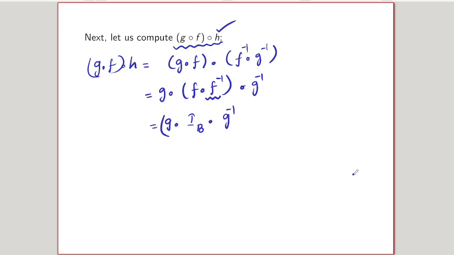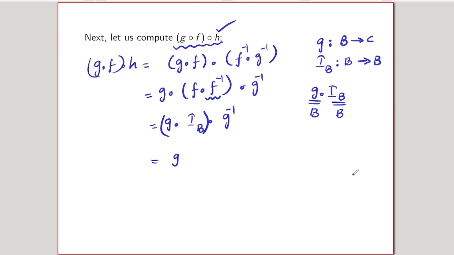Without loss of generality, I can apply the composition for the first two functions. g is a map from B to C and I_B is a map from B to B. So it is possible to define the composition g composition I_B since the domain of g, B, is equal to the codomain of I_B, which is B. Since we are taking composition with the identity map, we will get the same map.